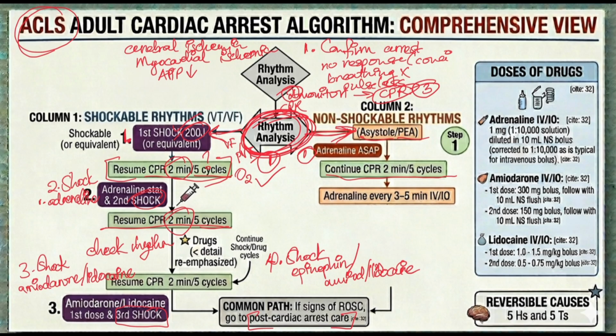And then every 3 to 5 minutes, through the IV line or intraosseous in case of severe trauma, we continue administering adrenaline with the CPR. But after the first administration of adrenaline, we have to check for the causes and try to address them.